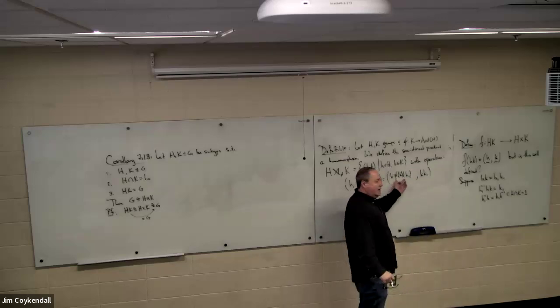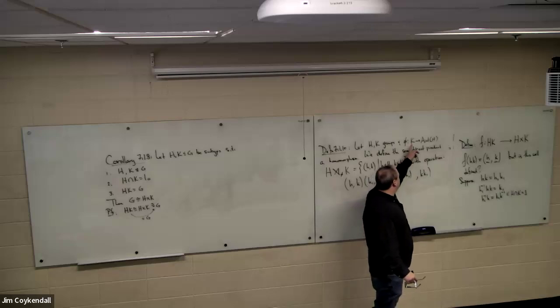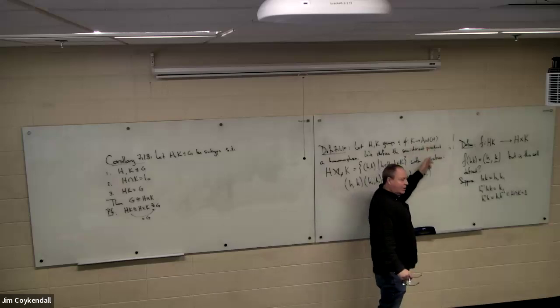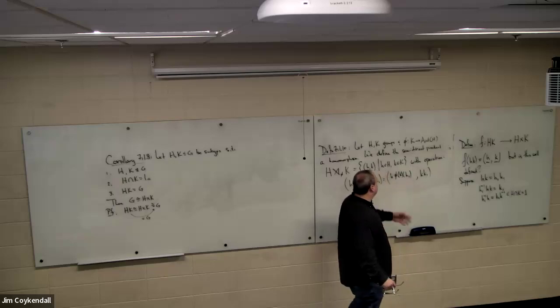Now remember, this phi of k in the middle is an automorphism. Phi takes k and spits out an automorphism of h. So I've got something in h times this automorphic image of h1, which is also in h. So this is indeed something in h, right?